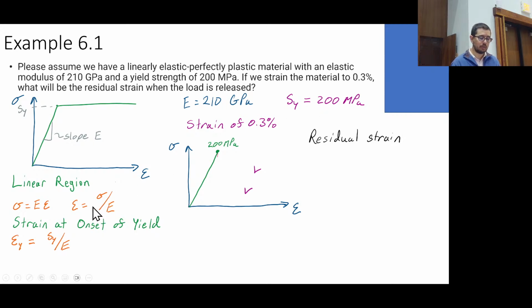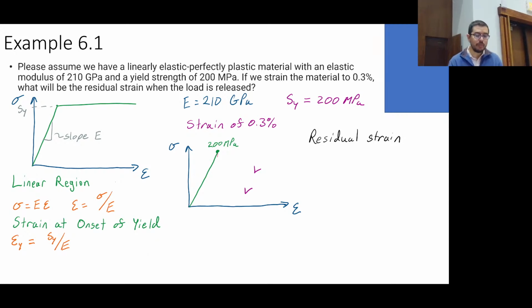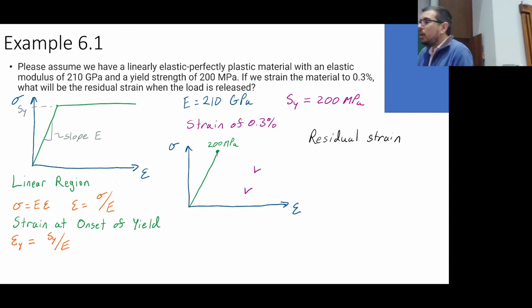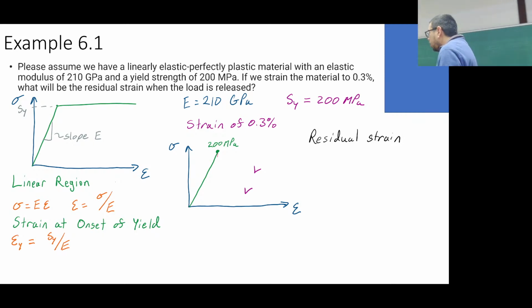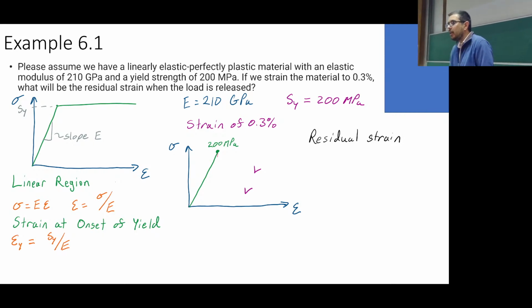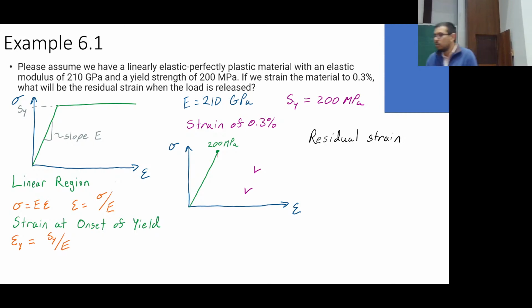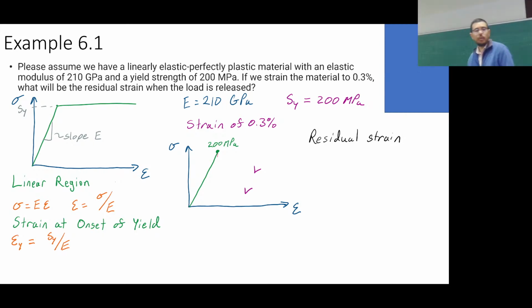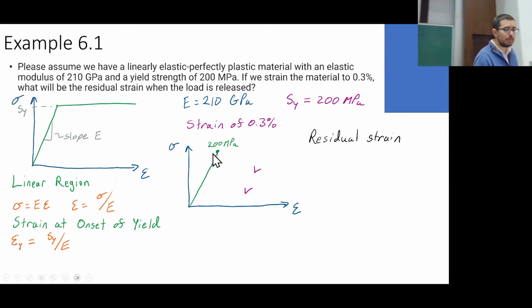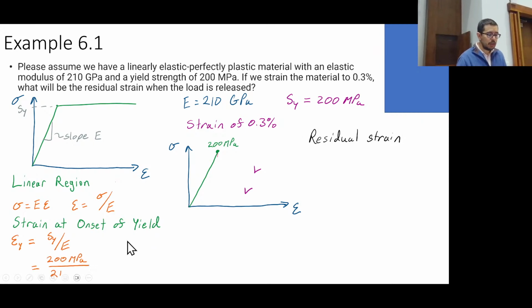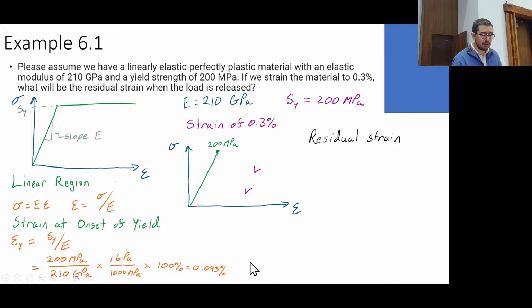Why do I need to know that? Well, if I'm figuring out residual strain, if I go plastic at around 0.1%, then I know I'm going to keep going for a while, all the way up to 0.3%. So here we find out that it's 0.095%, so around 0.1%.